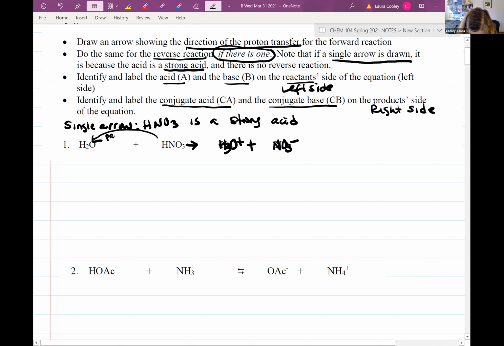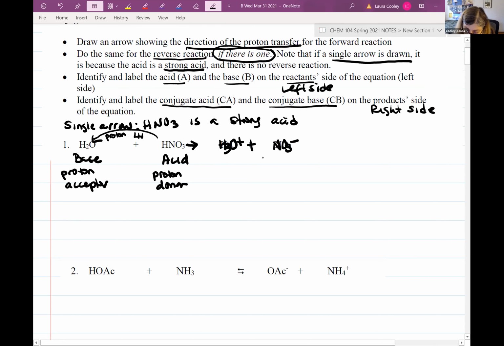The proton transfer, the H plus, goes from the acid, which is the proton donor, to the base. Water is acting as a base, proton acceptor. When it does that, the H2O becomes H3O plus, and the HNO3 loses a proton, it's NO3 minus.